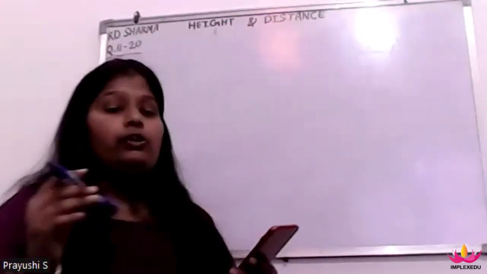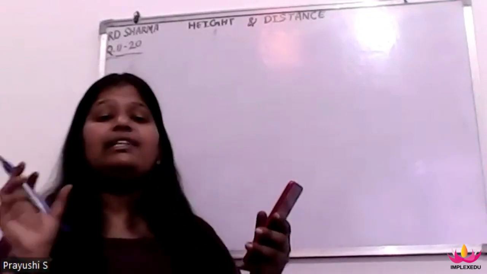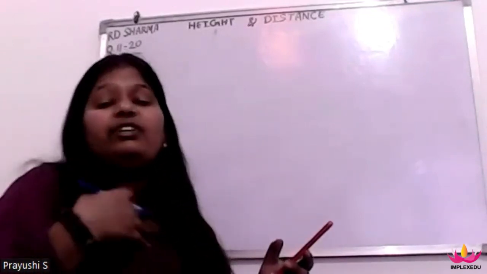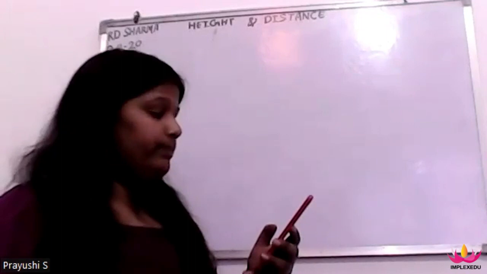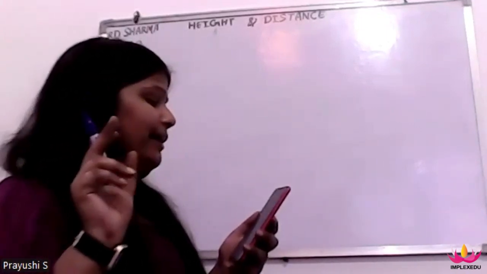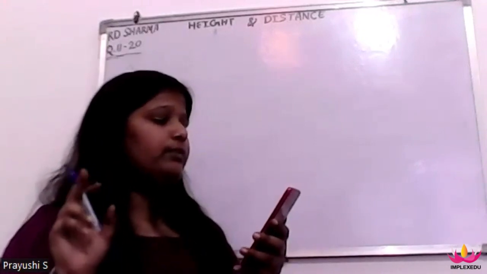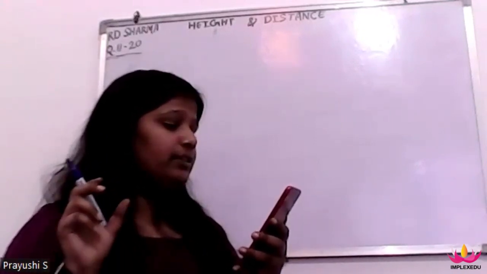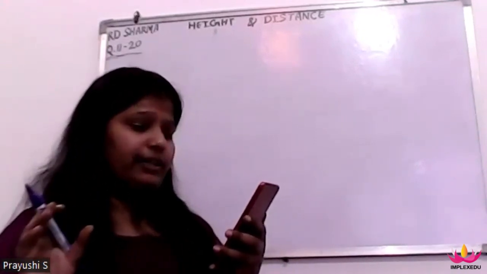Now, the height of the tower is given, and we just have to prove it. Okay, so what we will do is, the angle of elevation of a tower from a point on the same level as the foot is 30 degree.